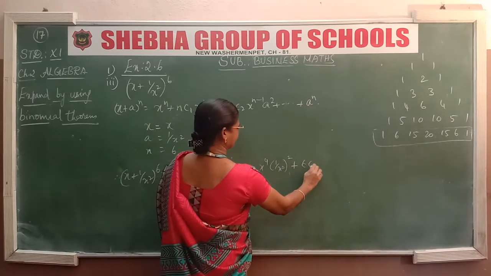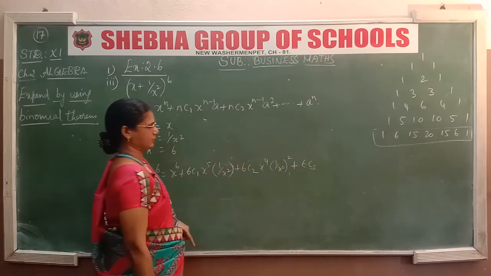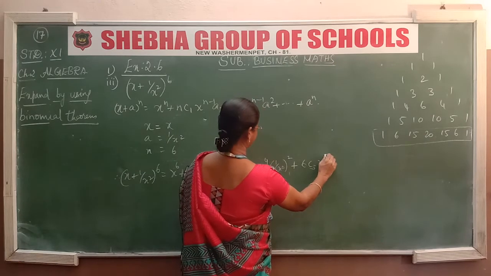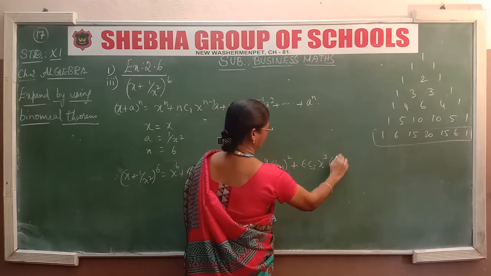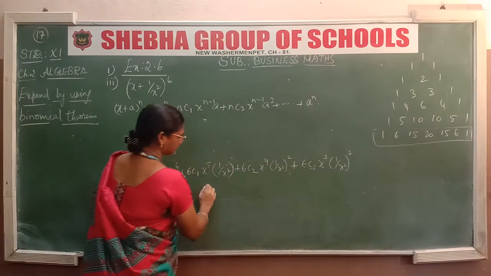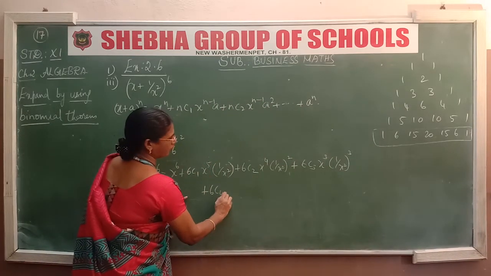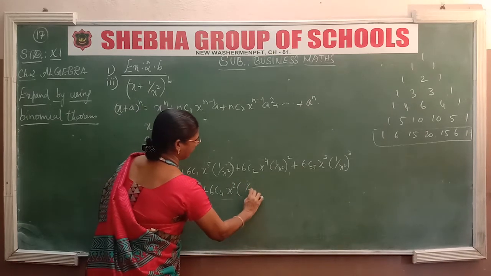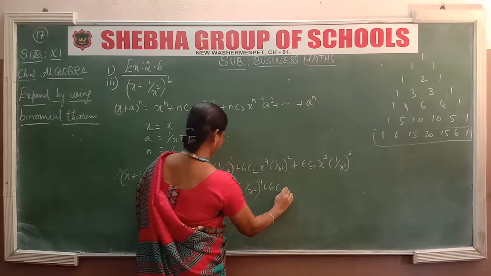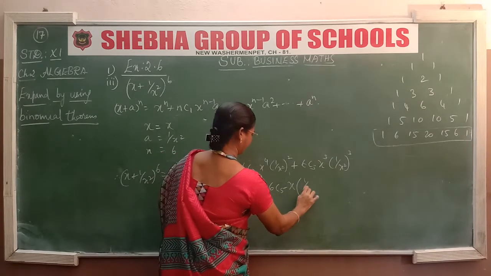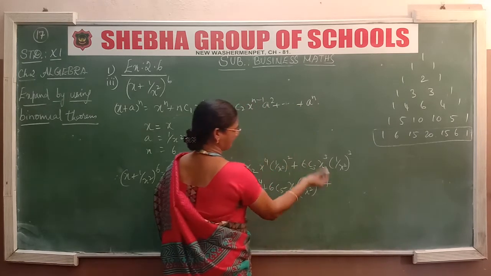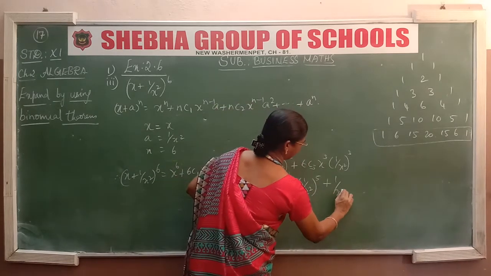Next is 6c3 x power 3 into 1 by x square whole power 3, plus 6c4 x square into 1 by x square power 4, plus 6c5 x into 1 by x square whole power 5, plus the last term is a power n, that is 1 by x square power 6.